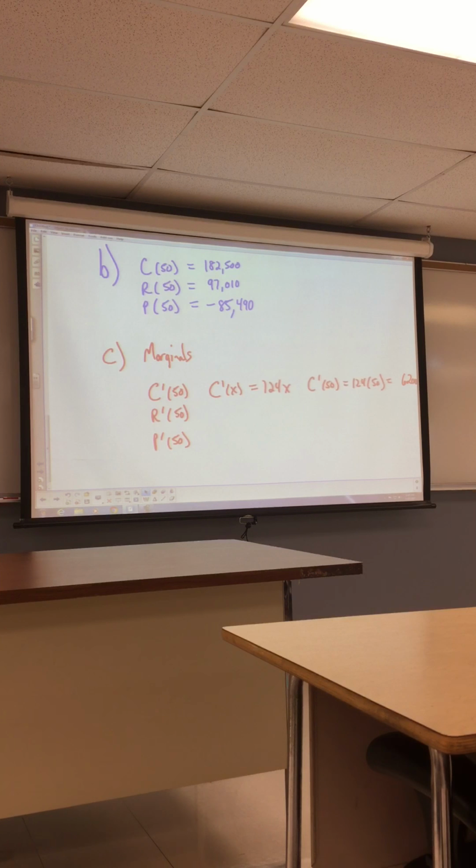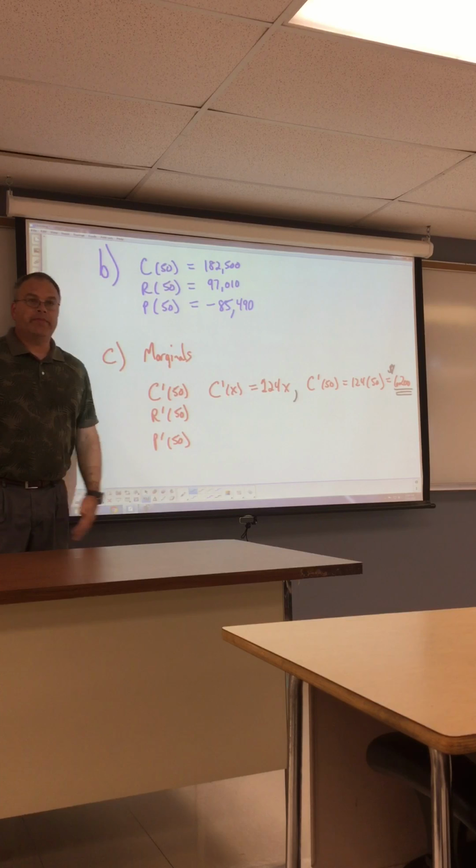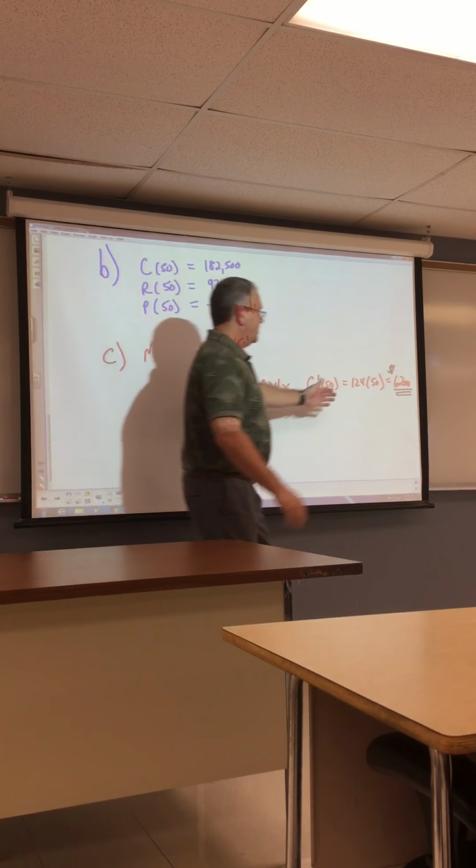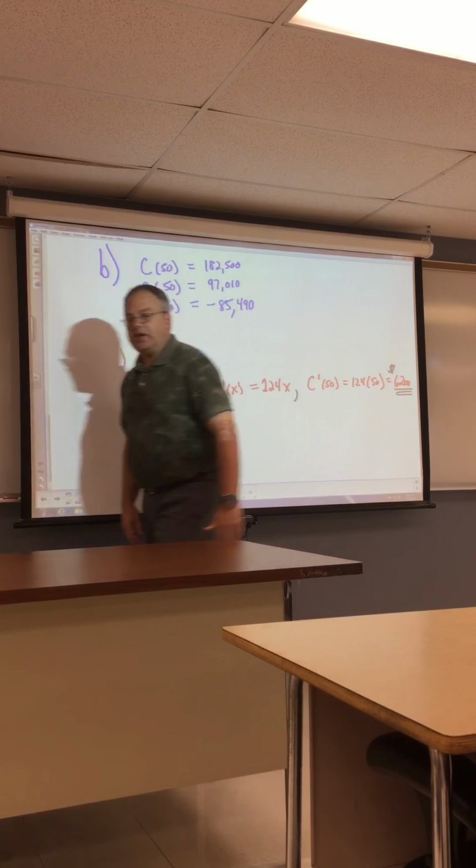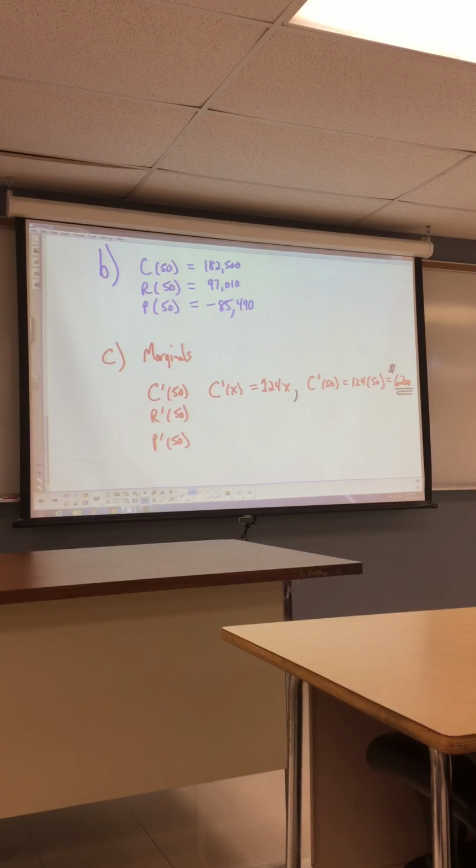Any idea? Marginal cost. The cost of one more item. Okay, so what we figured out is the cost of producing one more item. This is how much money we're estimating it will cost to make my 51st item. We're estimating it'll cost $6,200 to make that 51st item. Is that okay?